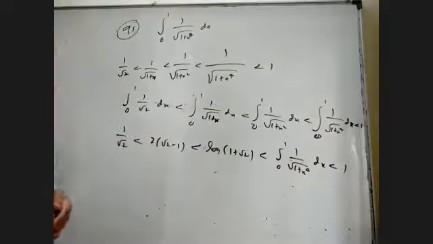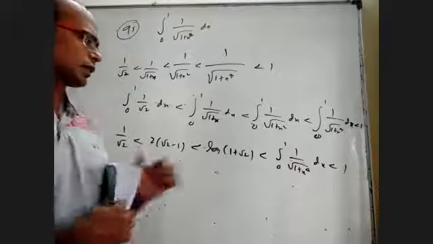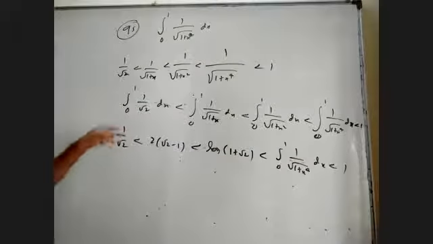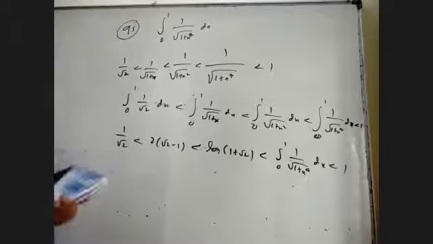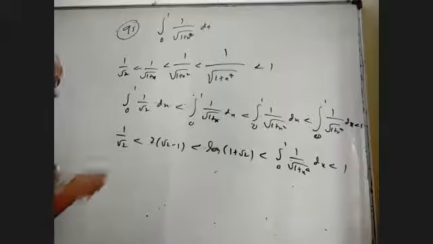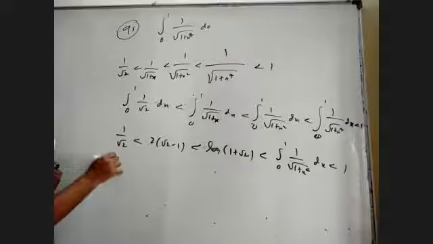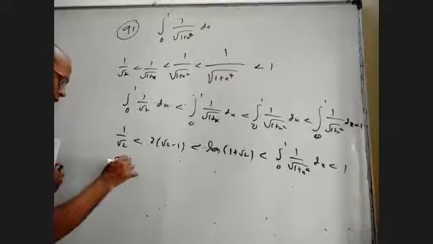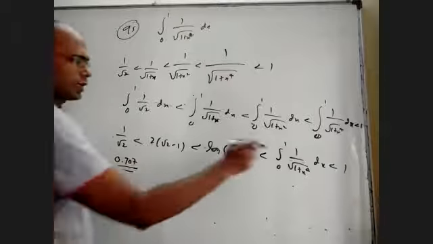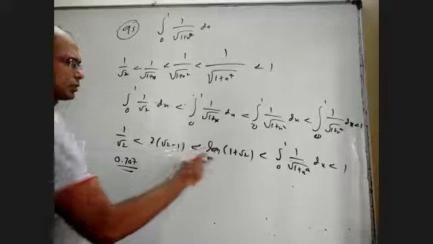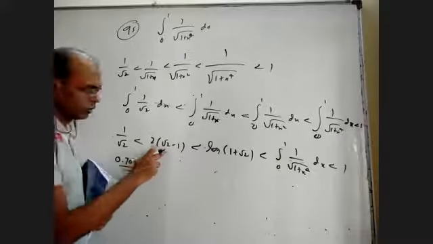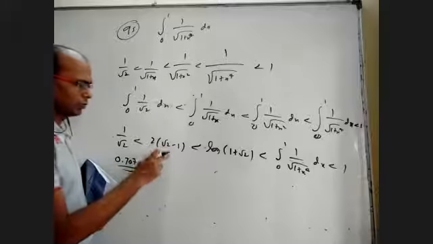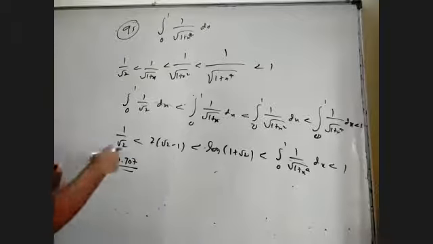So even though I'm not able to find the exact value of my integral, I can tell it is definitely between 1 by root 2 and 1, and 1 by root 2 is root 2 by 2, which is 1.414 over 2, 0.707. So I is greater than this, greater than this. Even here, if you take root 2 as 1.414, it will come 0.414, 0.8. But why did it come this one?